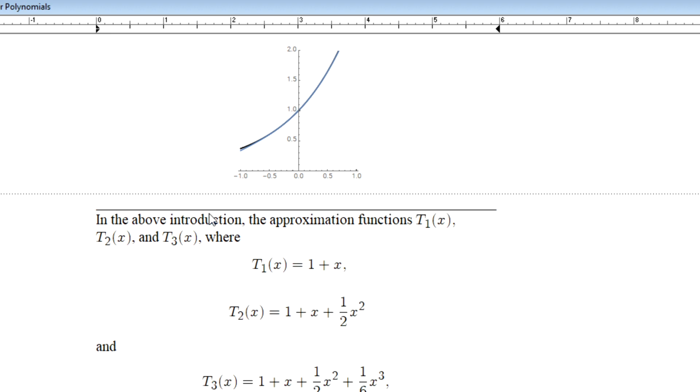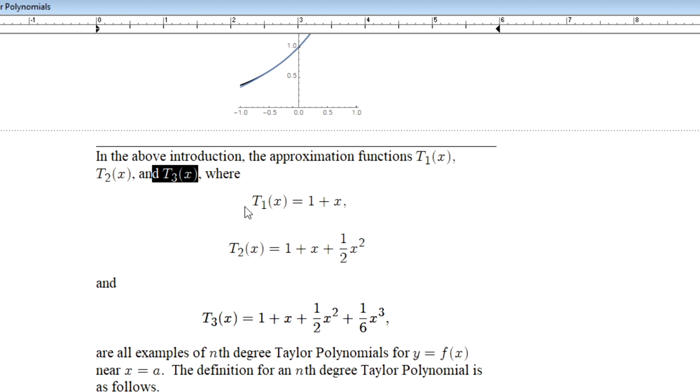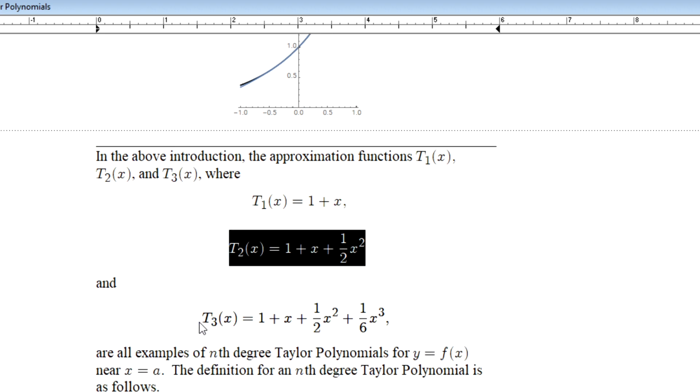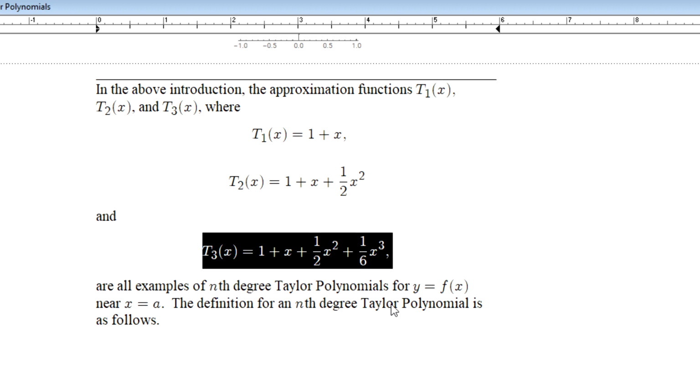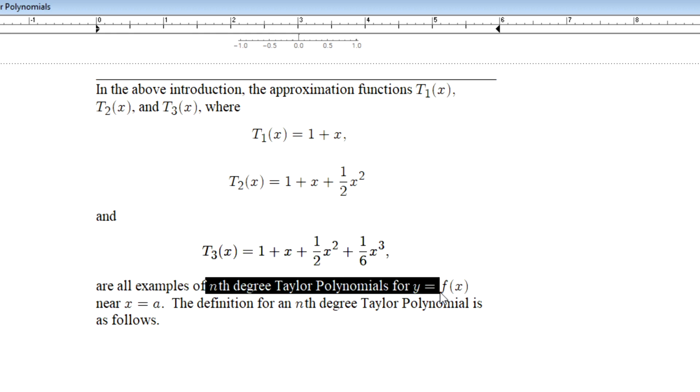What we go on to note, though, is that in the above introduction, the approximation functions t sub 1 of x, t sub 2 of x, and t sub 3 of x, these cases for the linear, quadratic, and cubic approximations were all examples of what we call nth degree Taylor polynomials for a function. All right?